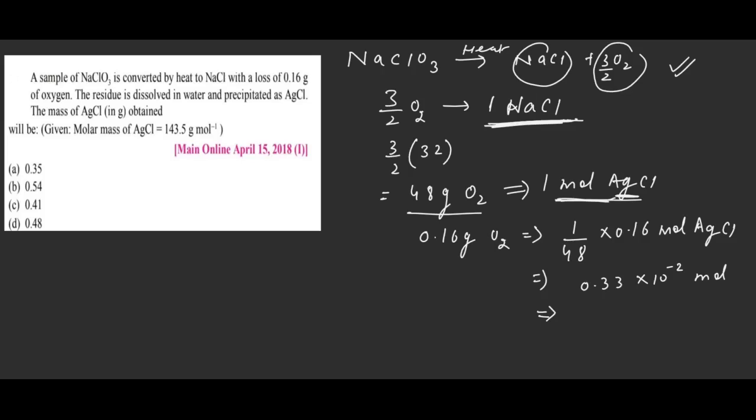So these moles I will convert into mass by multiplying with 143.5. Okay, when I solve, I will be getting 0.478 grams, which is very close to 0.48. So the correct option of this question is option D. I hope you have understood this question.